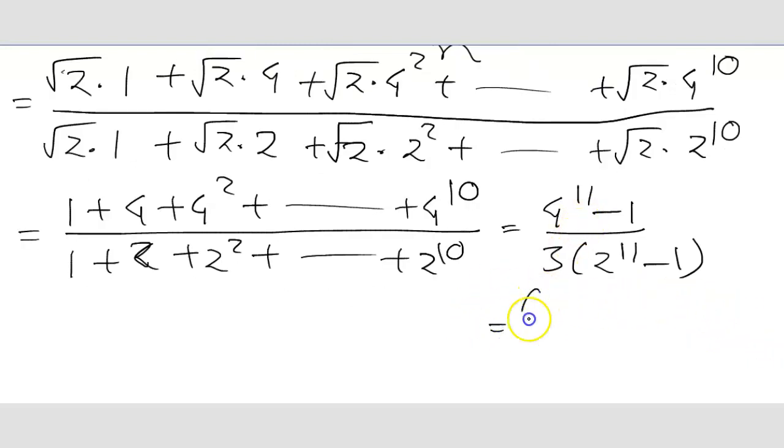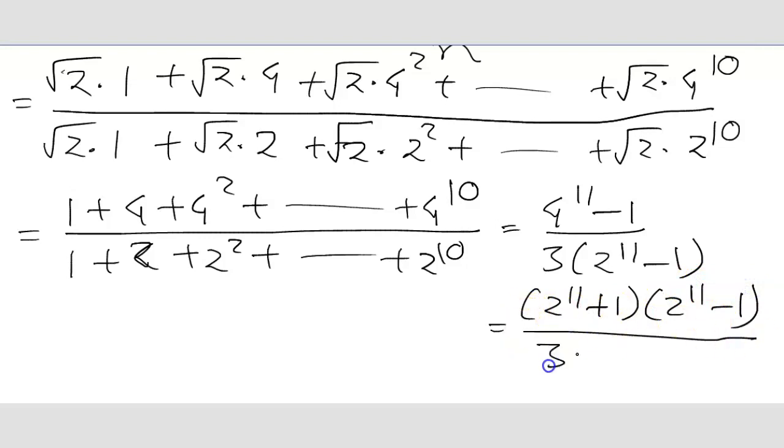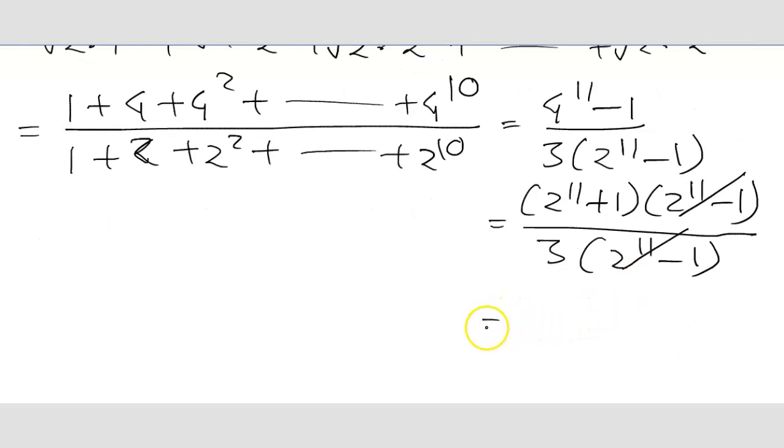You can write 4 to the power 11 minus 1 as 2 to the power 11 plus 1 and 2 to the power 11 minus 1. And now see, these two things simply cancel out. So we are left with nothing but 2 to the power 11 plus 1 by 3. Right, so this is our main answer actually.